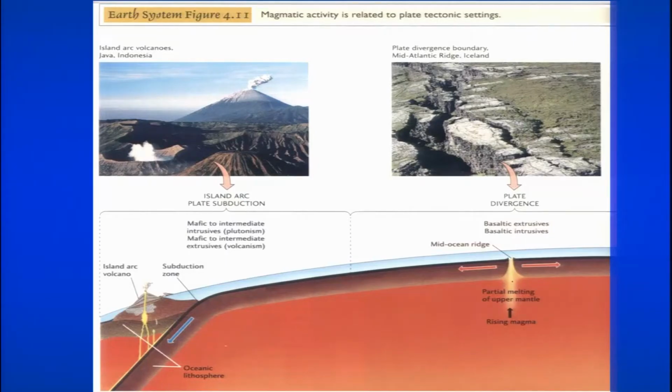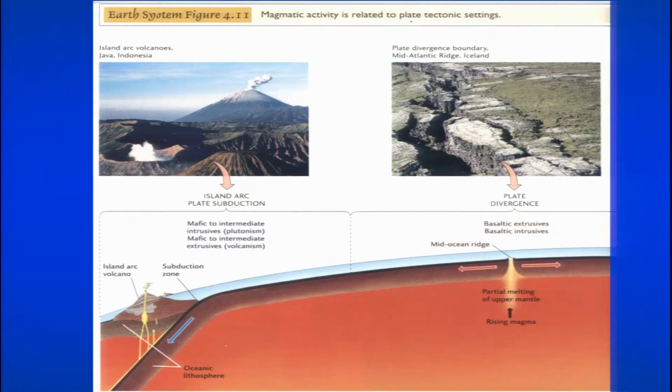But at places where you have a magma chamber below, and both plates are moving away, you will see spreading or a diverging boundary along the plate.